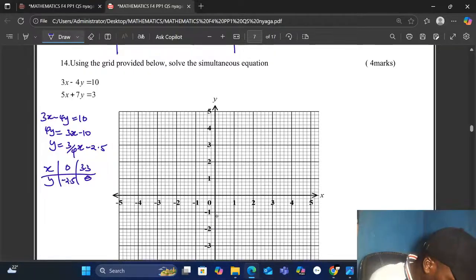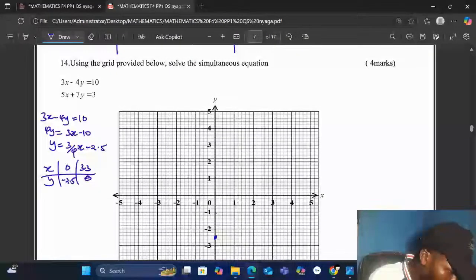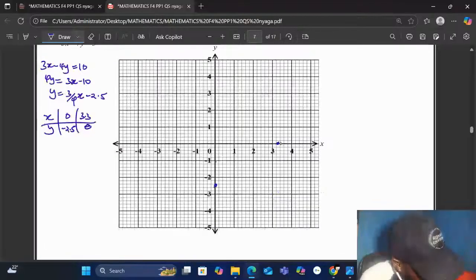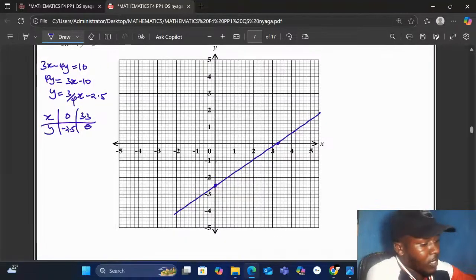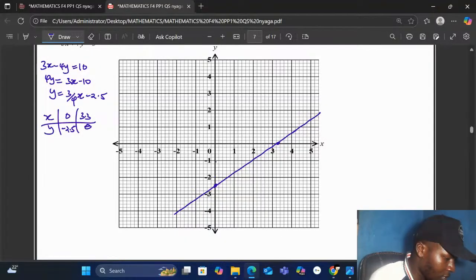Sorry, it's negative 2.5. Then we join the 2 points. So that is now 3x minus 4y equals 10.